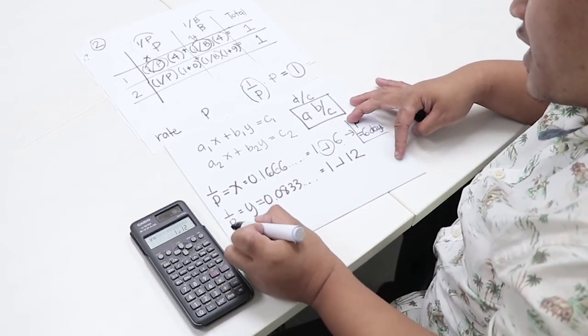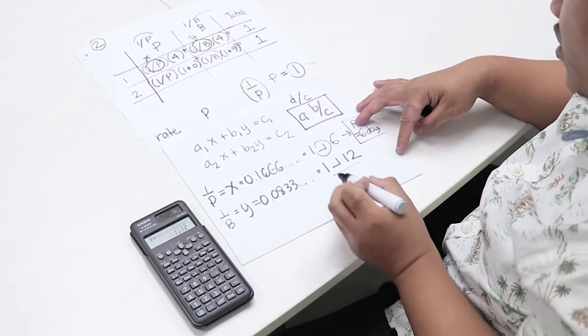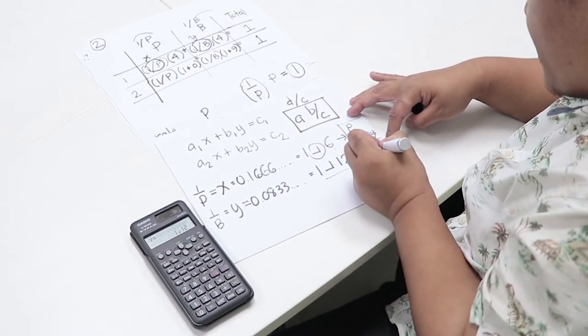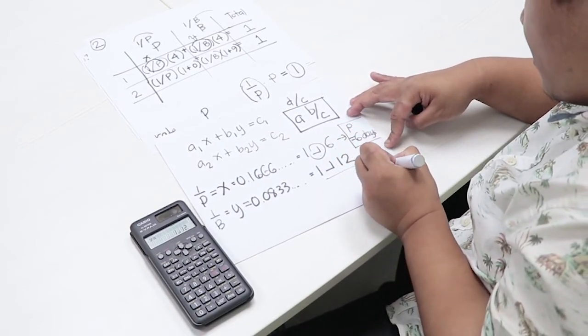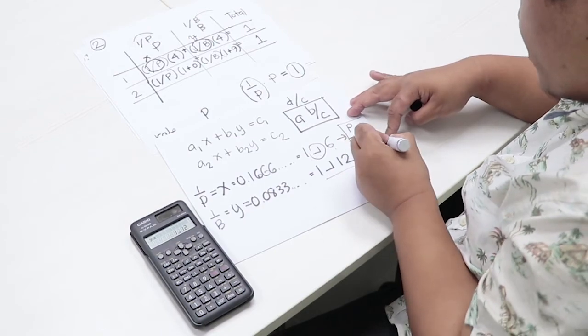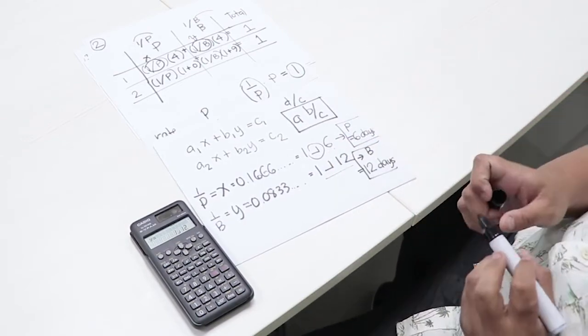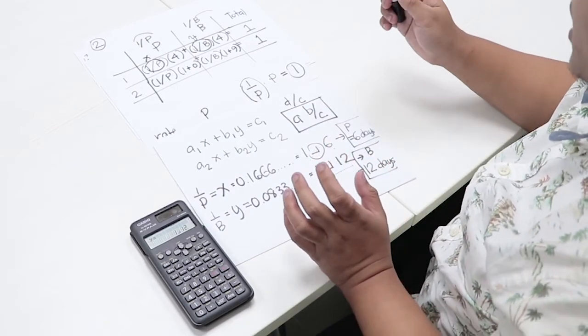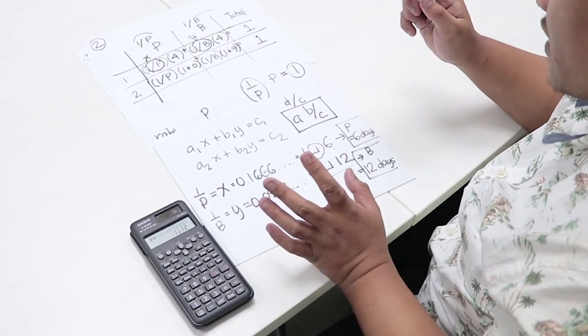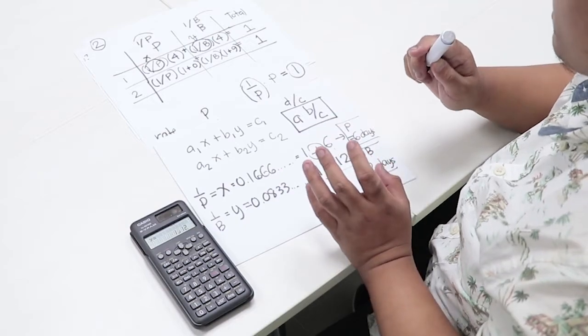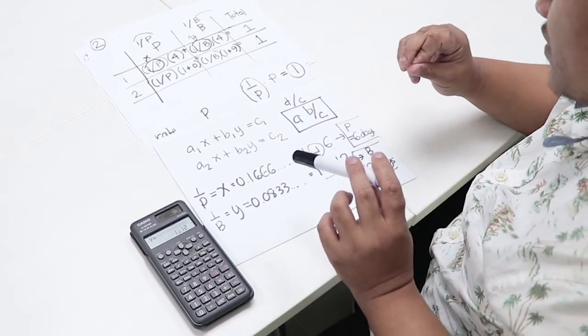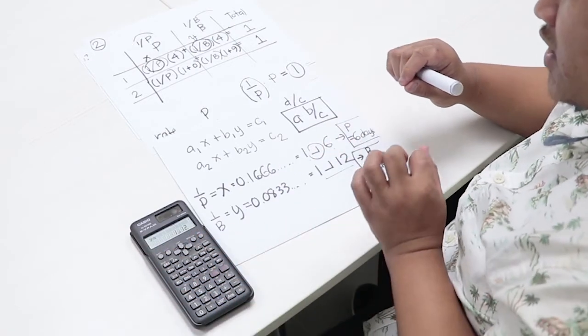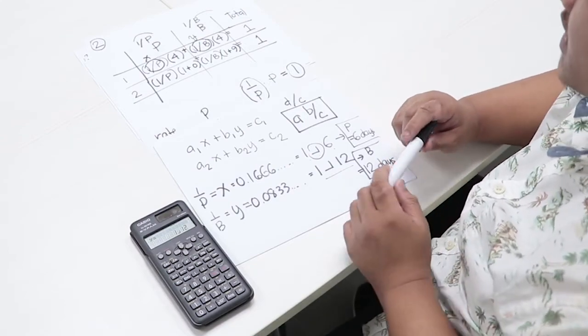Tama? And 1 over b is equal to 1 over 12. So therefore, Benjamin can do it in 12 days working alone, 12 days. And these are the answers for this example. And this shows how to solve systems of equations using yung equation mode natin dito sa 991MS.